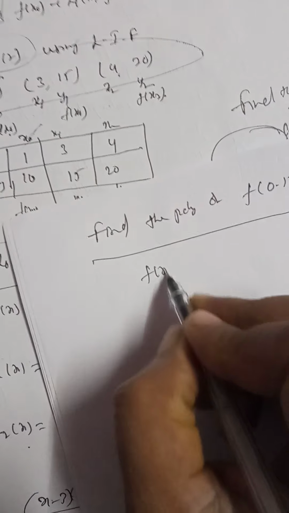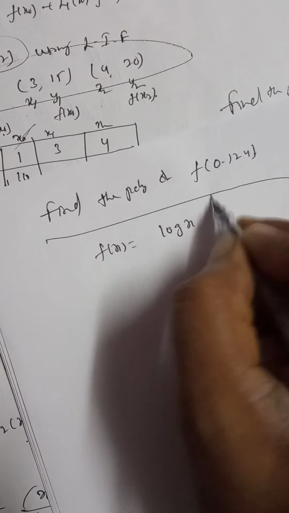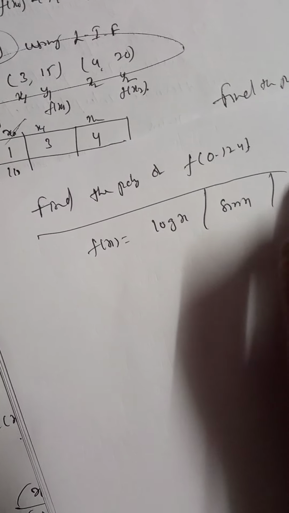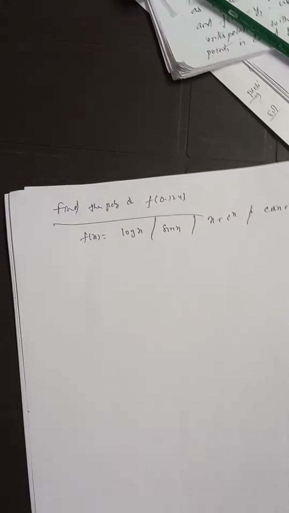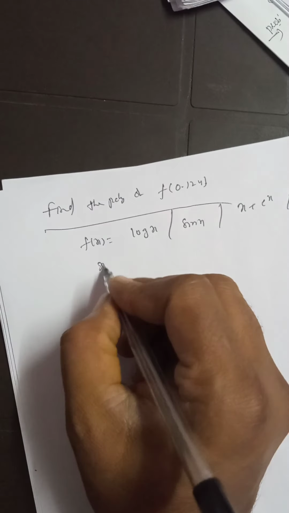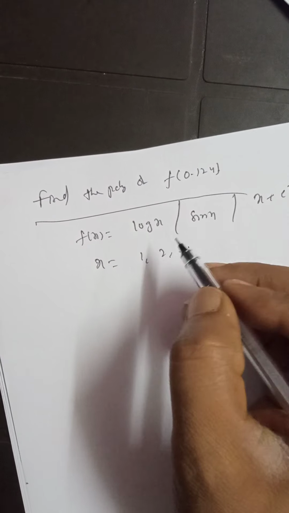Sometimes f of x is equal to log x or sin x or x plus e power x or cos x plus 2, whatever it may be. Now the function is given like this, f of x is equal to, and also x is equal to 1, 2, 3, suppose.